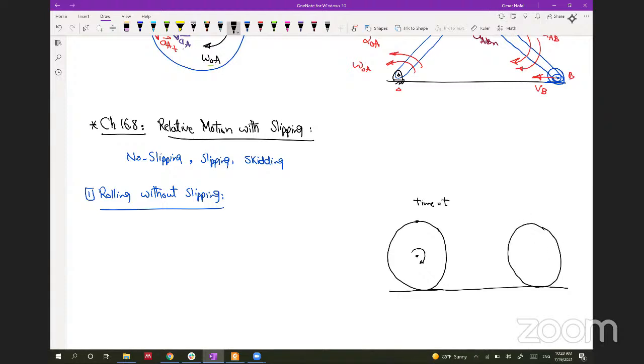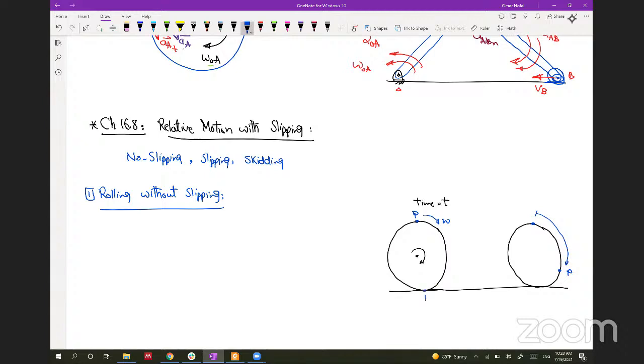So when this wheel starts to roll with a certain omega, if there's no slipping, this point will be at some location here. If this is point P, then point B will be here. So the wheel moved from here to here.